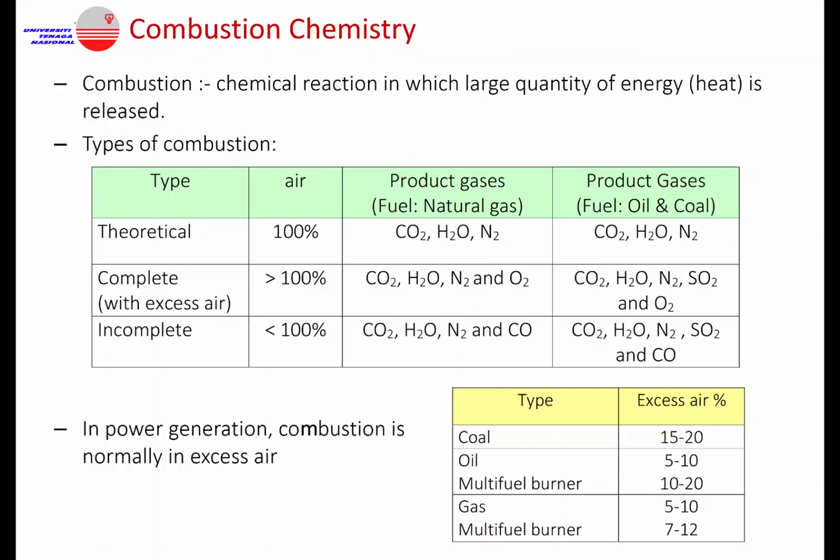Okay, hydrogen on the left hand side of the equation, it will be converted into water, H2O. And then nitrogen on the left hand side, which is in the air, it will not participate in the combustion process, so nitrogen will remain as nitrogen. So only three products expected from theoretical combustion.